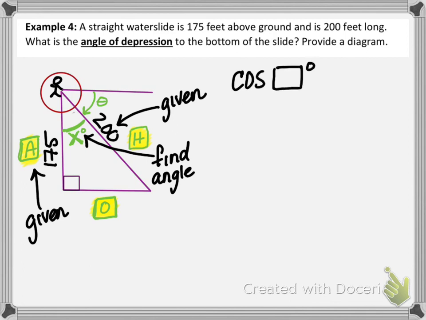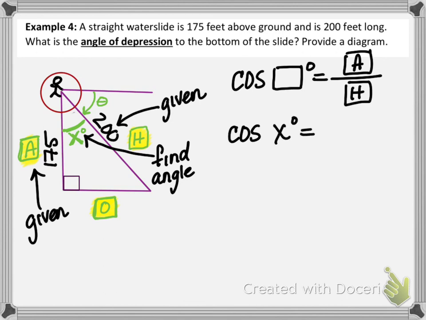Cosine of blank degrees equals A over H. So I am going to substitute the cosine of my angle, which we called X, equals the A value, which was 175, over the H value, which is 200.